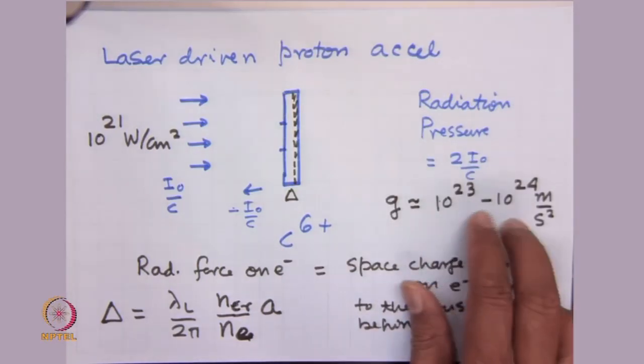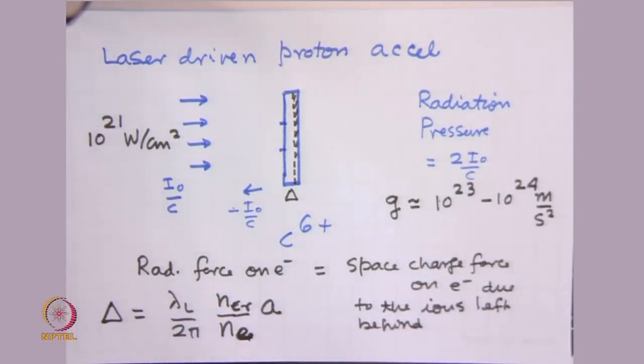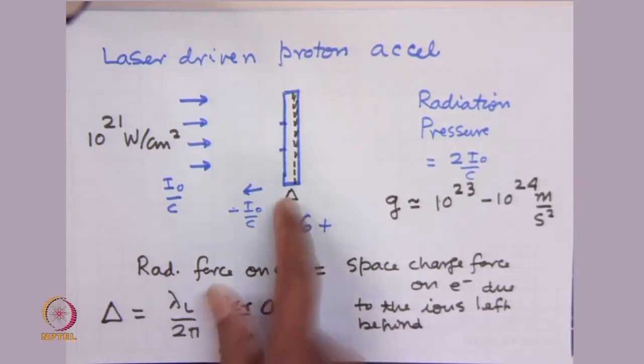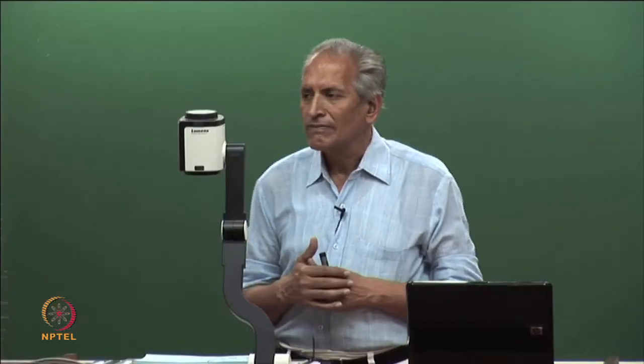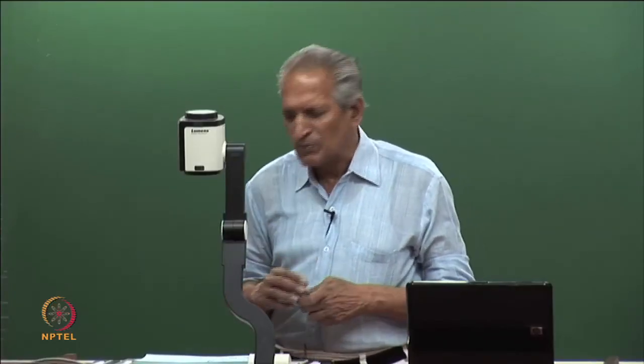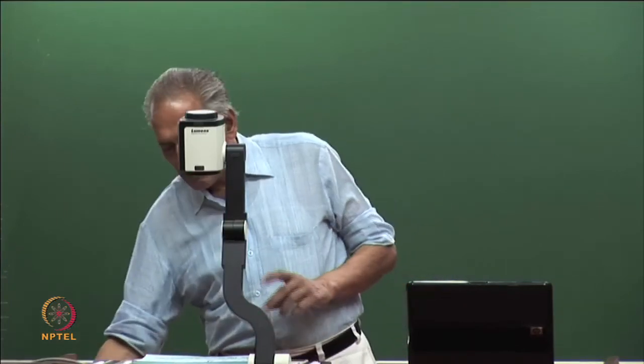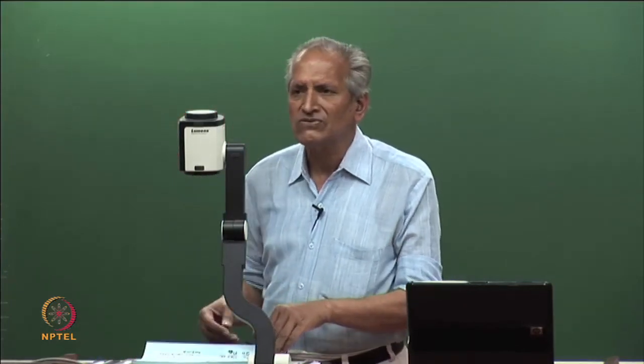So this is a huge acceleration that you are producing here, and people have seen in simulations that this scheme can give rise to 1 GeV ions in a very short distance of about 20-30 micron. Very strong acceleration is possible. So this is a very fascinating field of research.